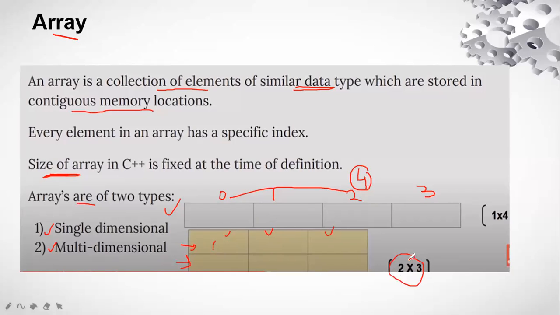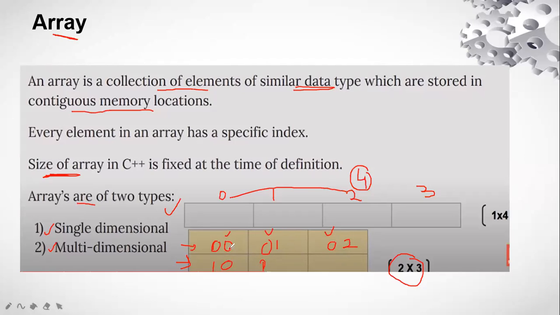As 2 into 3, same as we define a matrix. How do we define the location of each element? It's like 0, 0. Okay, 0, 1. This is 0, 2. Now this is 1, 0.